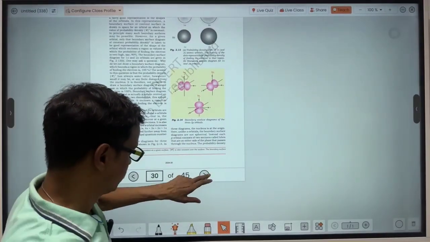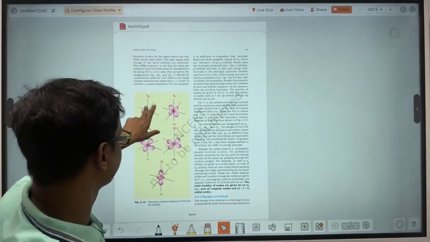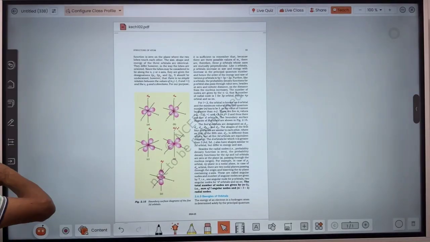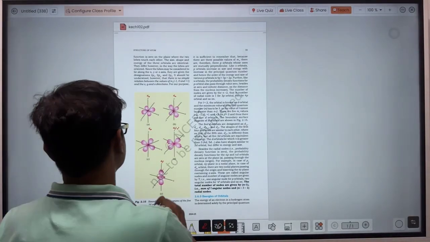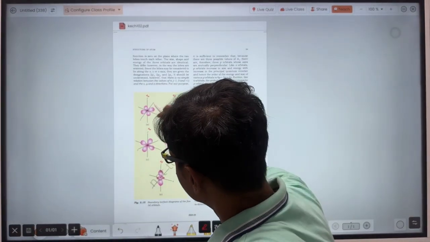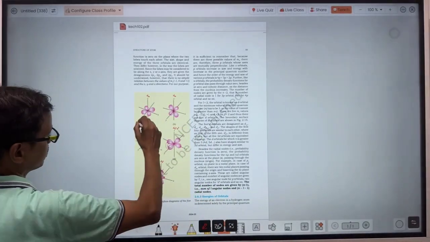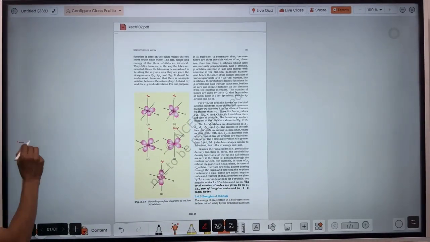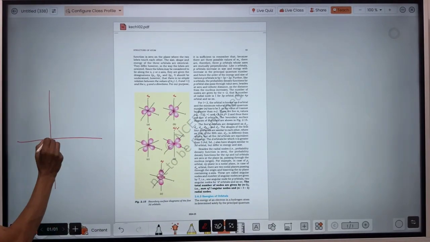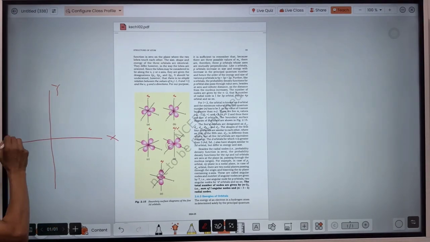And the d orbital has a double dumbbell shape. So this is the x-axis and this is the y-axis, with x dash and y dash.